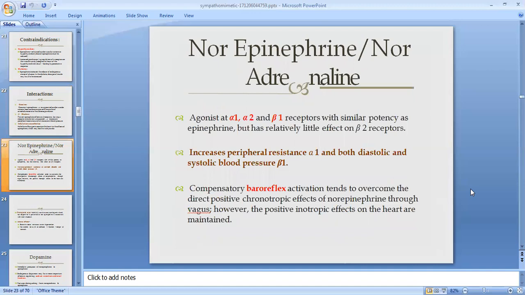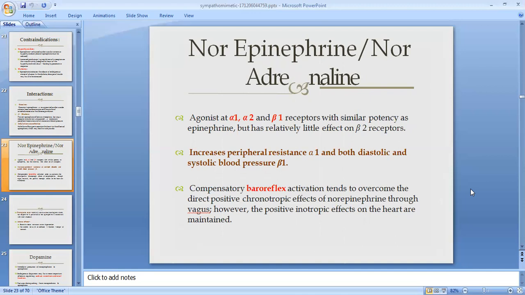Next drug is norepinephrine or noradrenaline. This is also an endogenous catecholamine, and it is an agonist at alpha 1, alpha 2, and beta 1 receptors, with similar potency as epinephrine. It has no or little effect on beta 2 receptors.